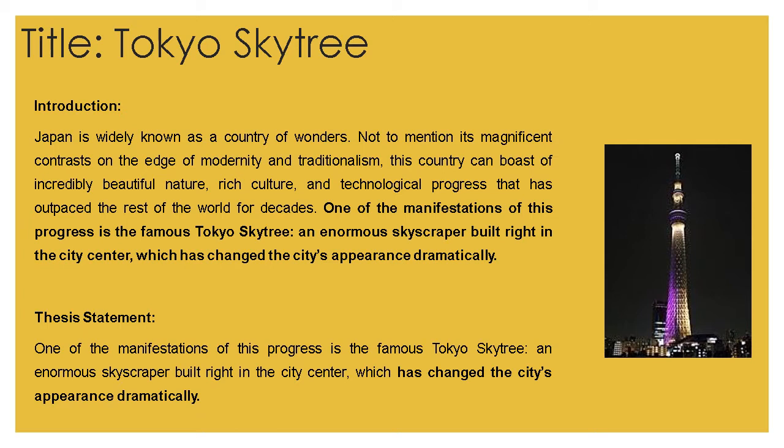So here, the focus is how Tokyo Skytree has changed the city appearance dramatically. So in the next paragraph, you have to explain how the Tokyo Skytree changed the city.